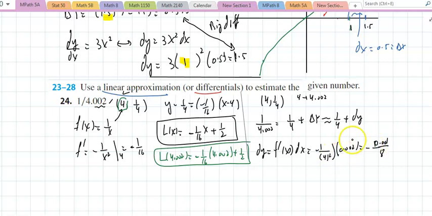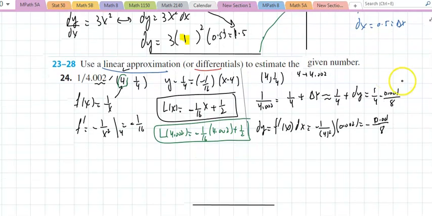Right? 16, yeah. So wouldn't that be 1/4 minus 0.001 divided by 8?